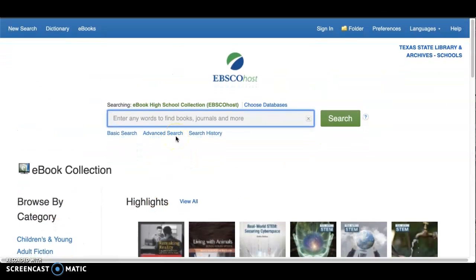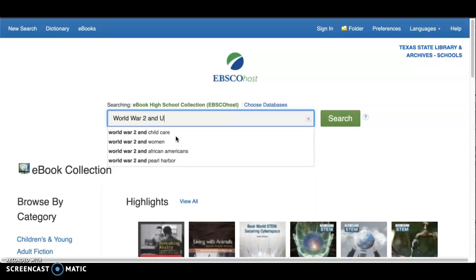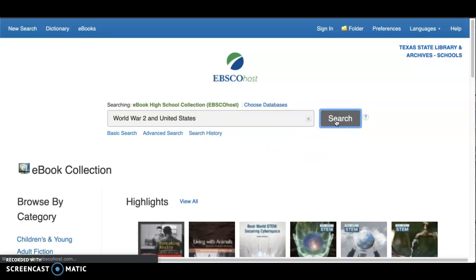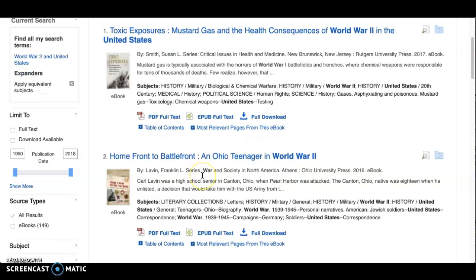So we're going to use the search. Looking at that cheat sheet again, what is something that I could type? Okay, so let's do World War II and United States. Okay, so now we have different materials here.